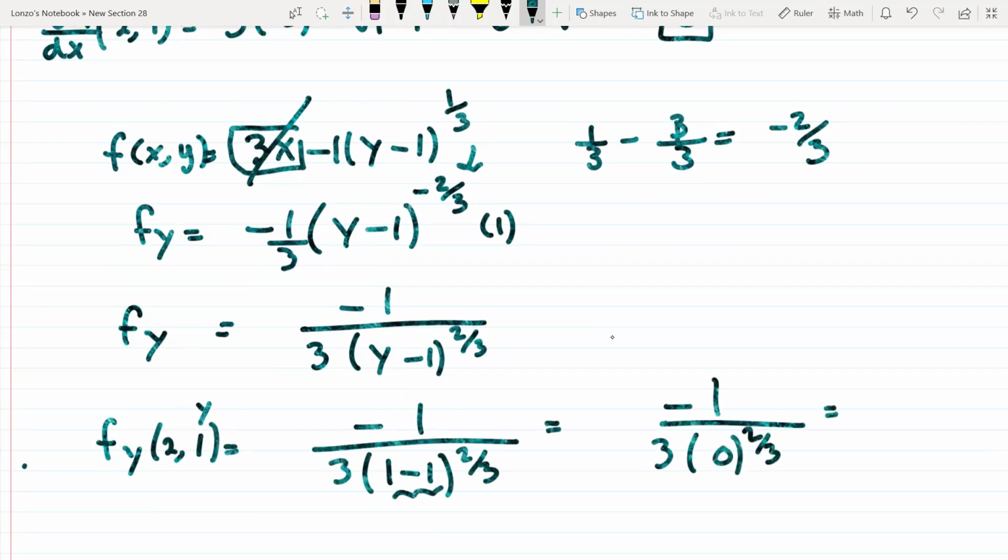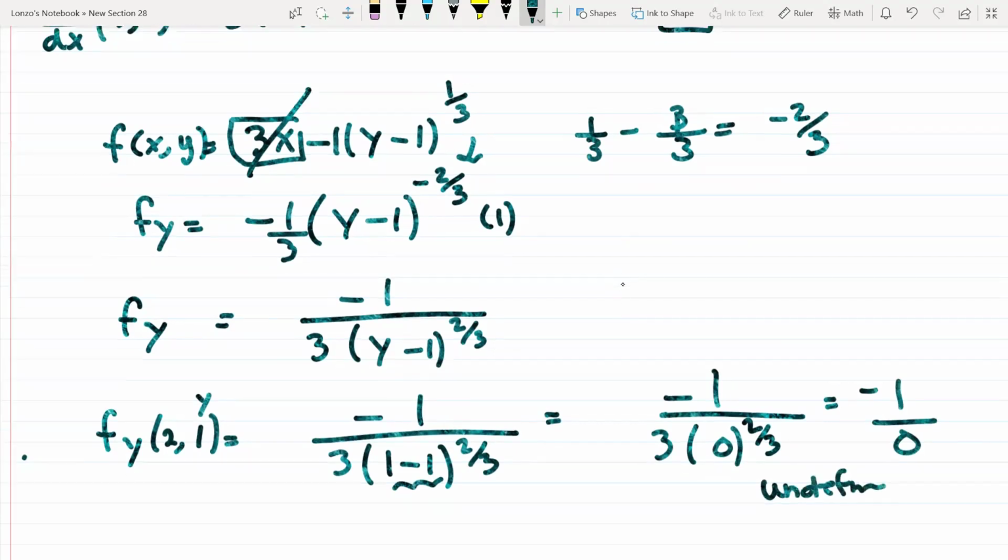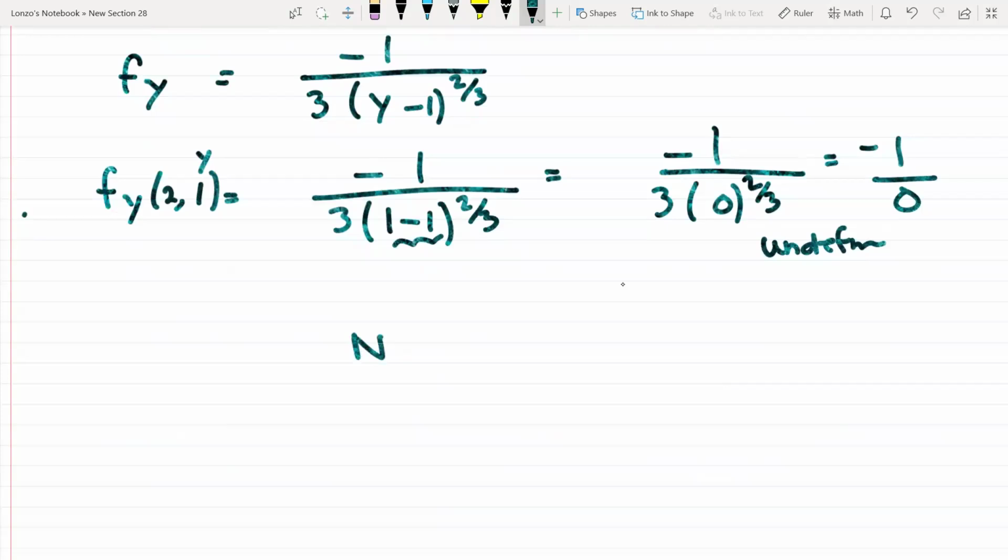Okay, we kind of have a problem, because 0 to the 2/3 times 3 is actually going to be 0, and then you have -1 over 0. So that would be undefined, and that is no longer unique. So it is continuous, but not unique.